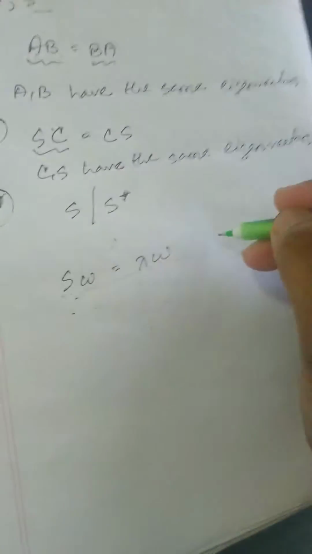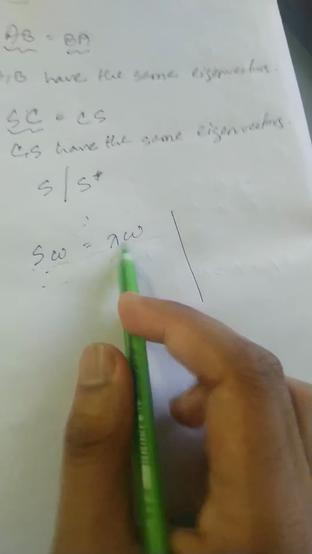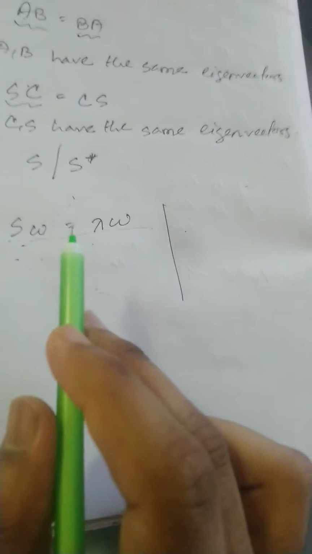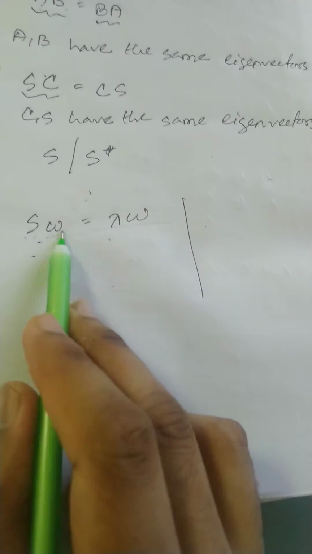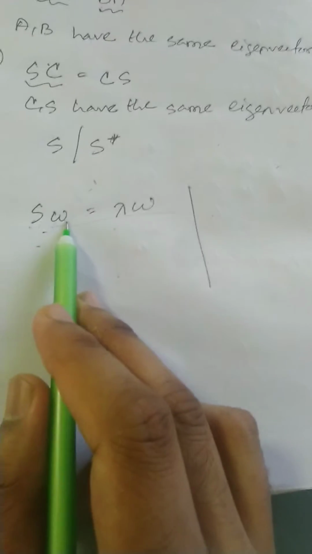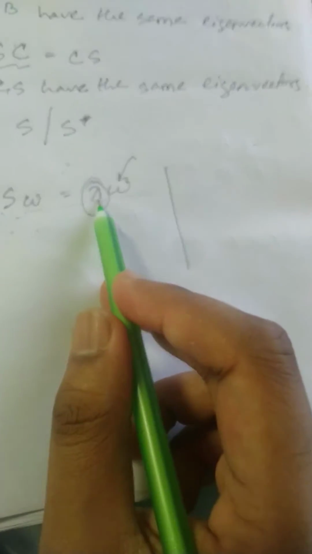Let me explain this way. What we're doing with the eigenvector and the eigenvalue is that the eigenvector is such a vector that if we multiply the matrix S with its eigenvector W, we are actually multiplying a scalar quantity with that eigenvector. Lambda is just a scalar quantity.